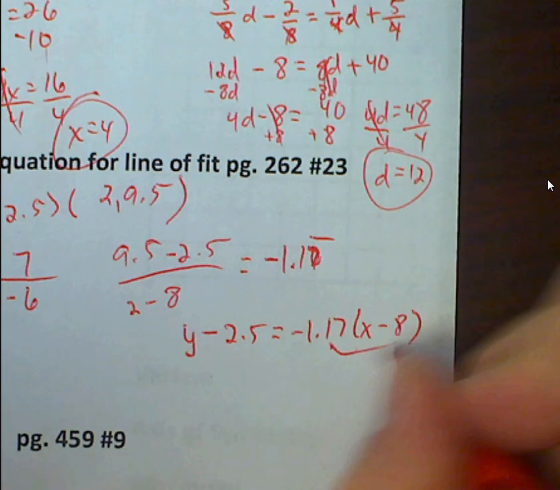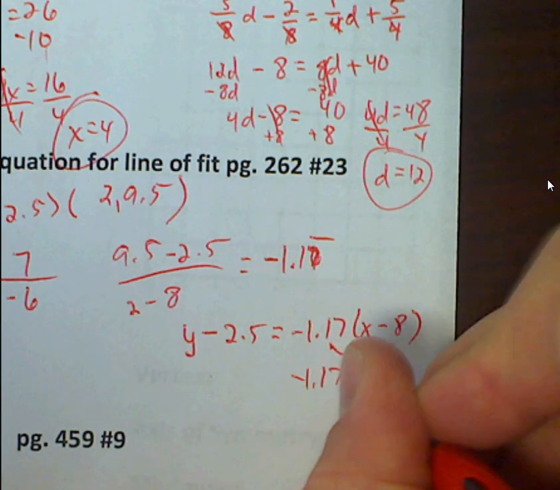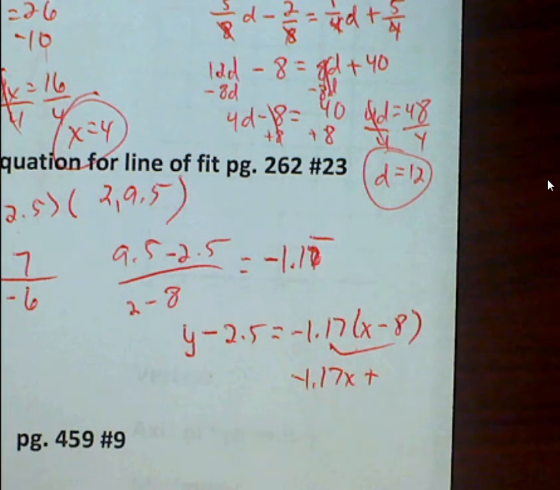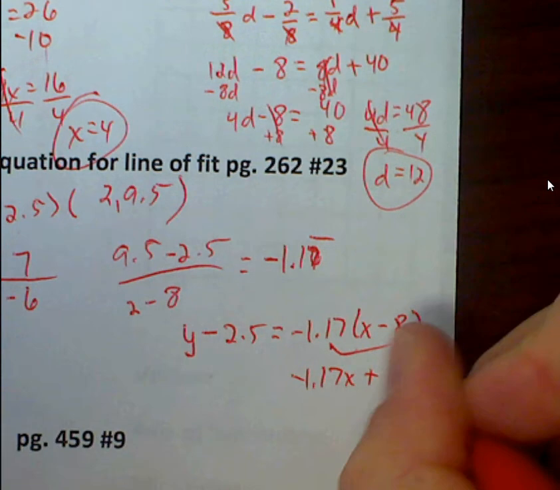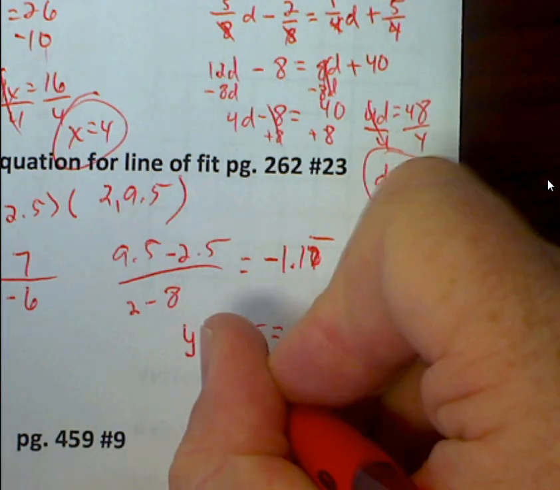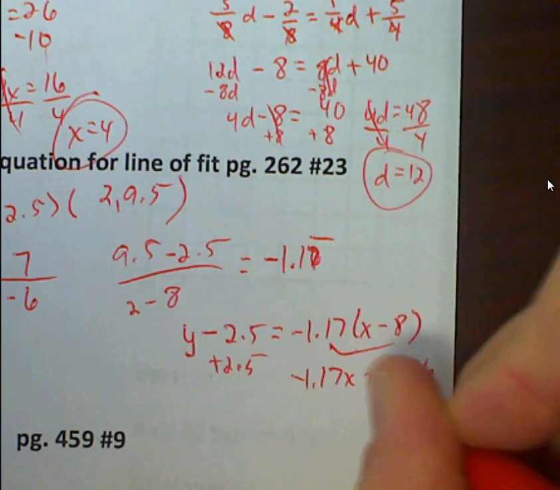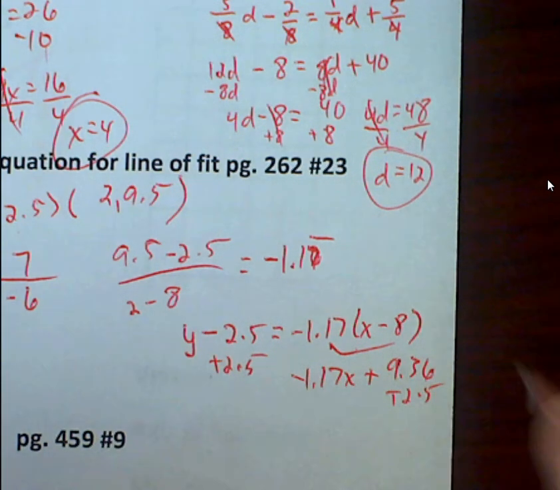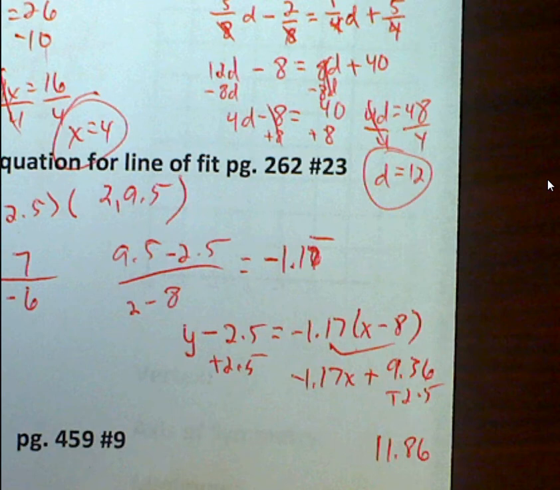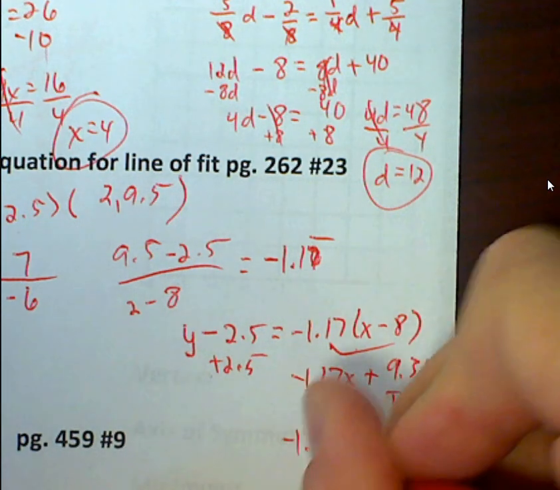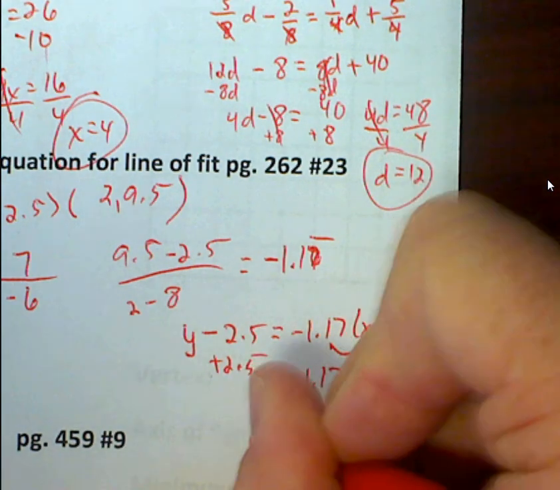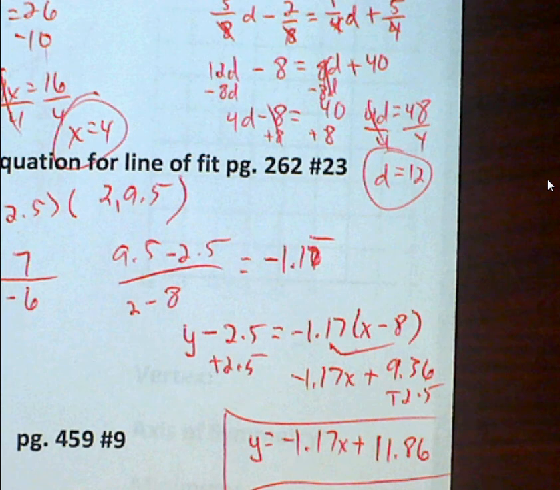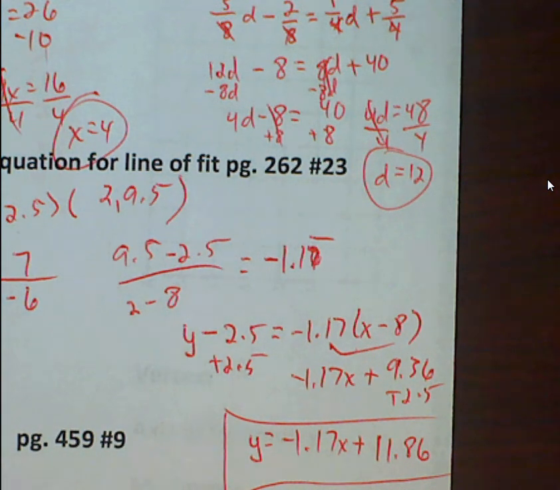So if I distribute, that gives me -1.17x plus, so 1.17 times 8 gives me 9.36. I'm going to add 2.5, plus 2.5 gives me 11.86. So y equals -1.17x plus 11.86. There is my line of fit.